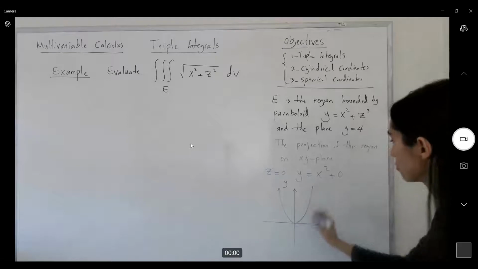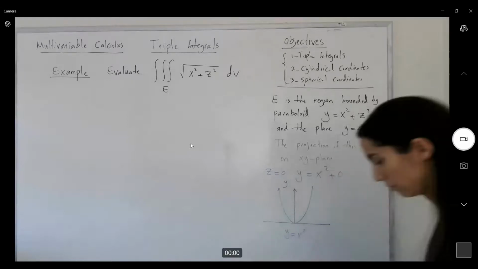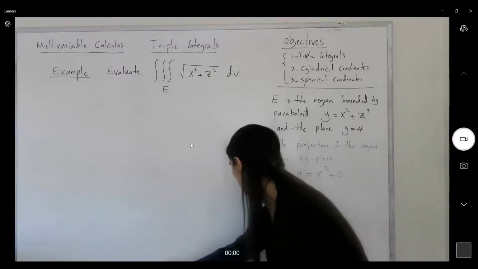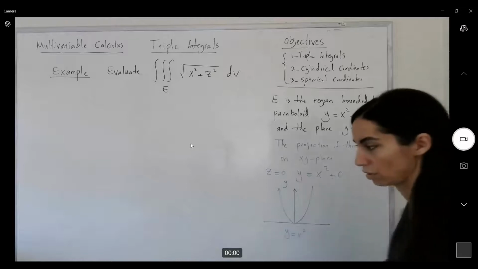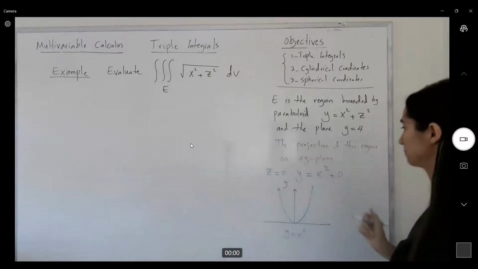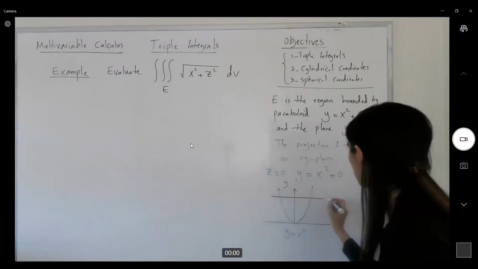So this is y equals x squared. And here you have y equals 4. So y equals 4 is going to be just a horizontal line.